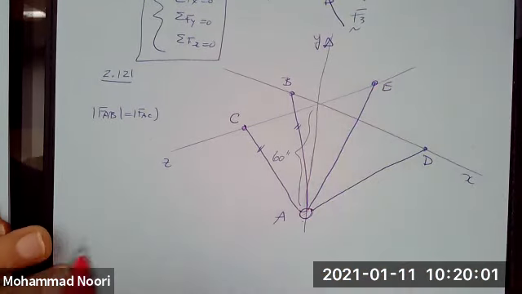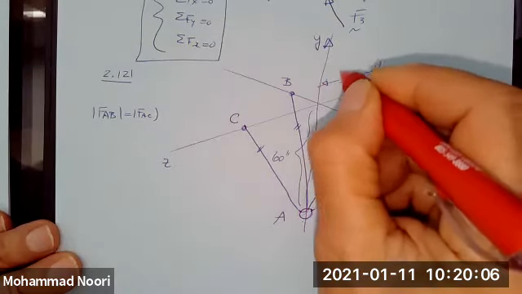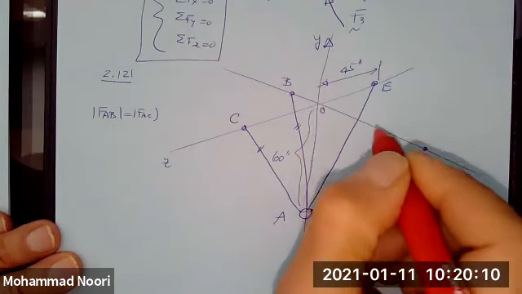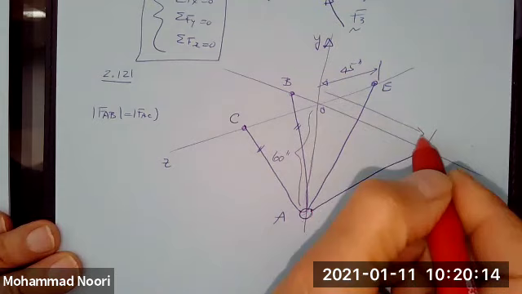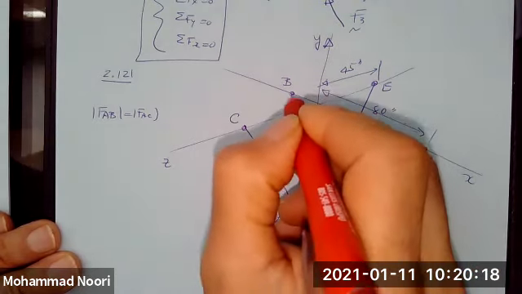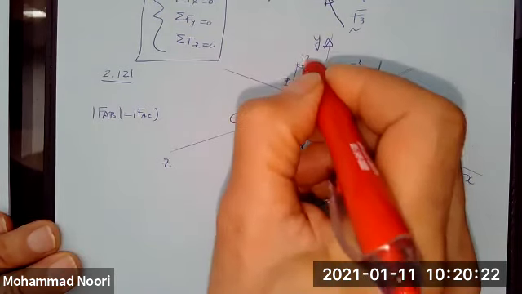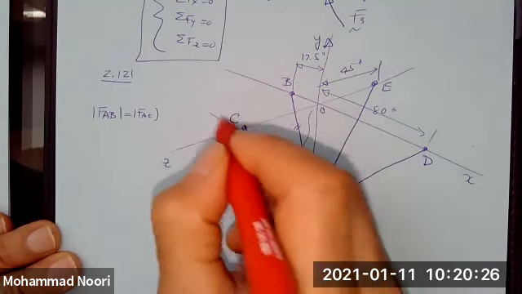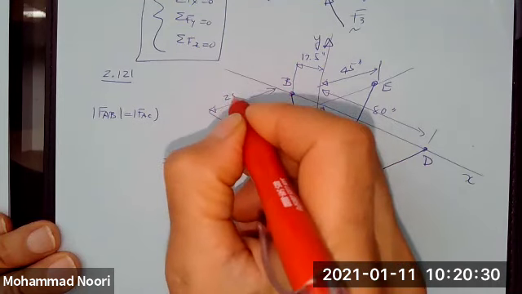Okay, coordinates of these points are given. This E is at 45 inches from the origin. This is 80 inches from the origin, and B is 17.5 inches, and C is given at 25 inches.